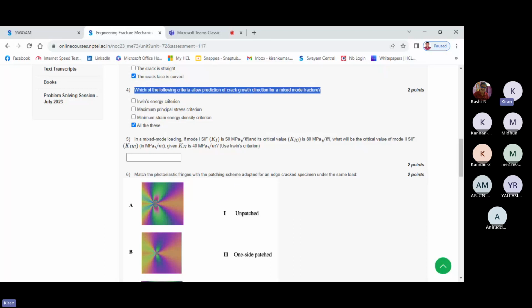Are you okay with this answer, or is it better if you give me some inputs? Which criteria allow prediction of crack growth direction for mixed mode fracture?